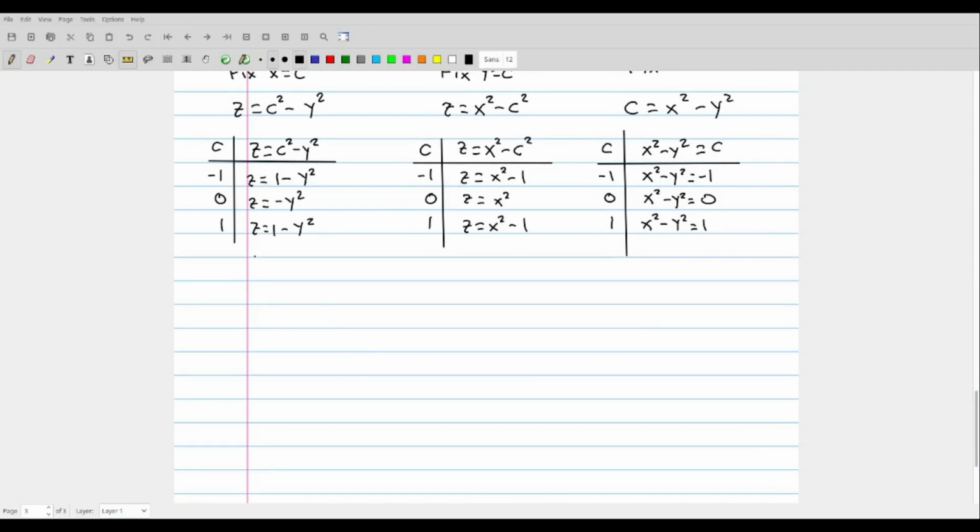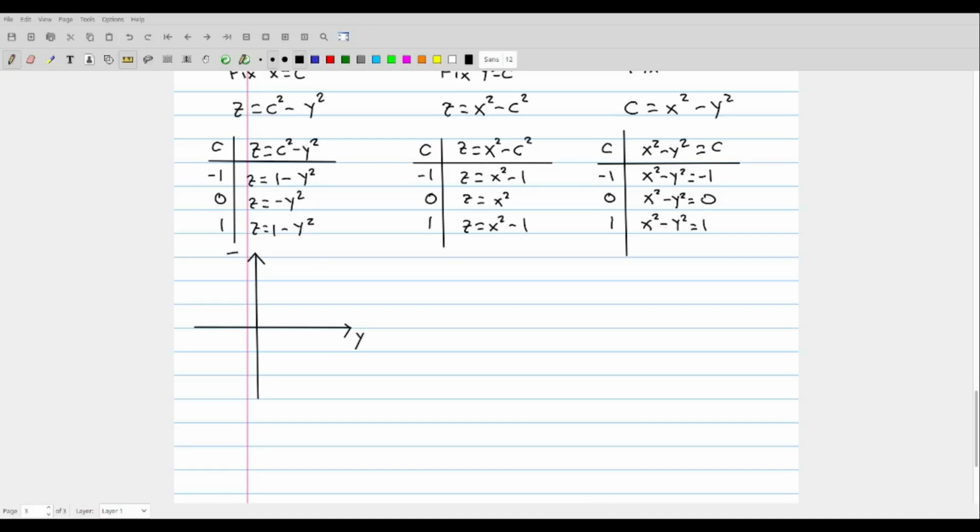So let's look at, in each individual case, what these traces are. Just like before, for the x trace, we have curves in the zy plane. This is the y-axis right here.